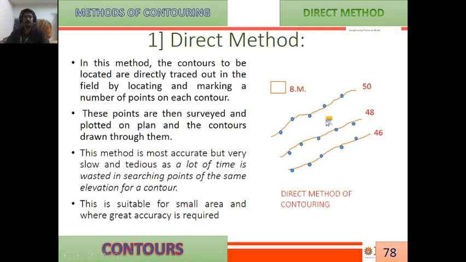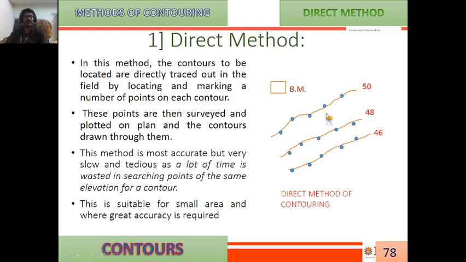The instrument is set up, and from the benchmark the staff reading is taken and the height of instrument is determined, and for the required points or random points we hold the leveling staff at various points and determine the RL of that point.